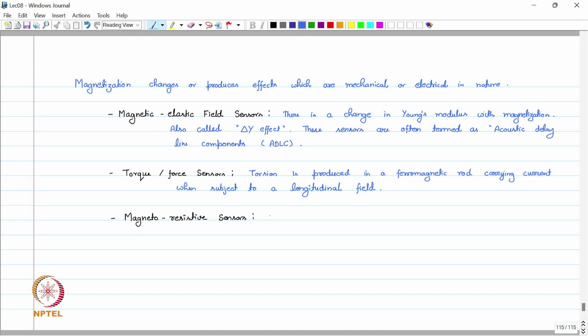When there is a change in the electrical resistance when subject to a magnetic field.